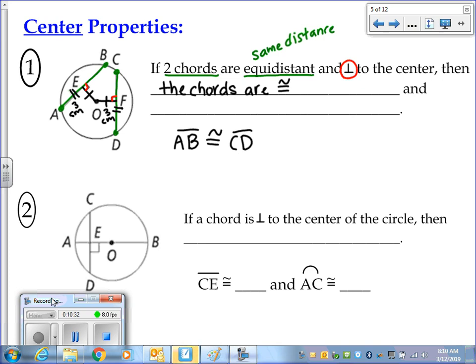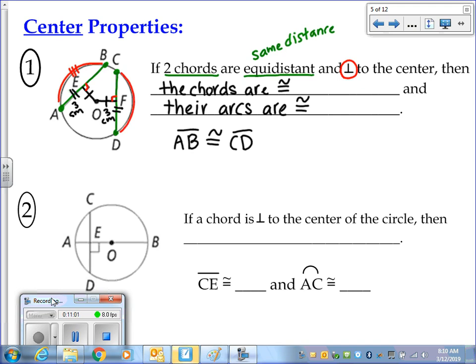And then this uses that big idea that we just did on the last few slides. If the chords are congruent, then what can we say about their arcs? The arcs are congruent. So if I were to go back to the picture, the arc for the first chord is AB, and I'll put 3 tick marks there.